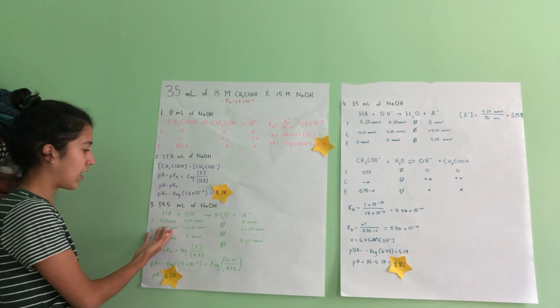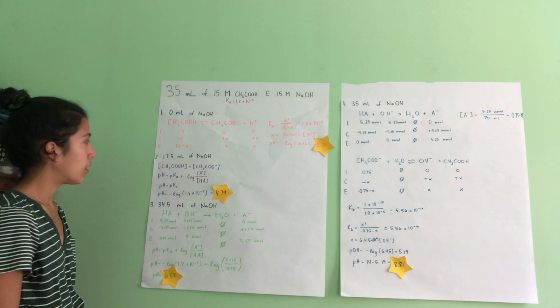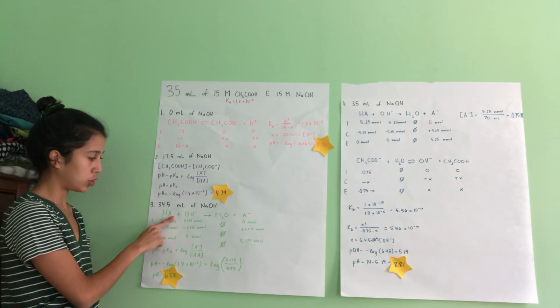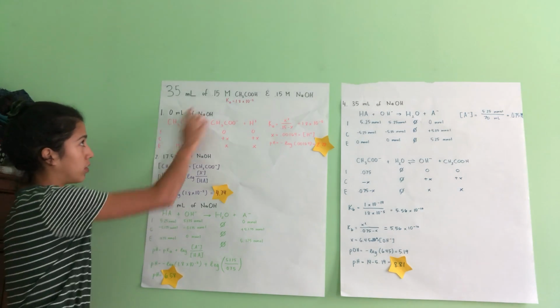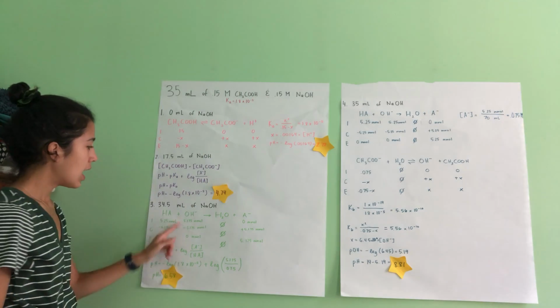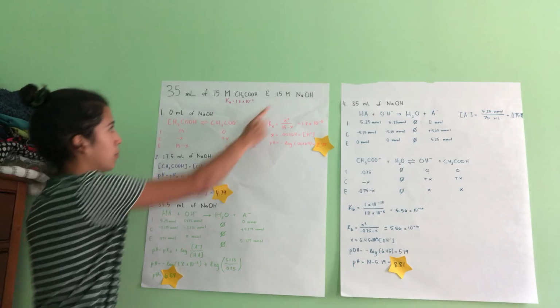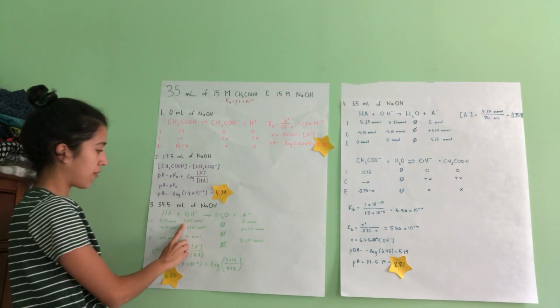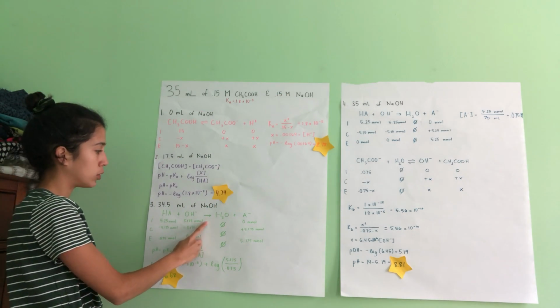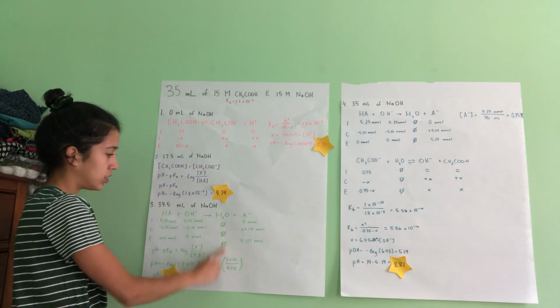So in the beginning we have 5.25 millimoles of our weak acid, which I just write as HA so I don't have to write all of that. And then in the beginning we find we're using 34.5 and 0.15 molarity. We have 5.175 millimoles of our base.